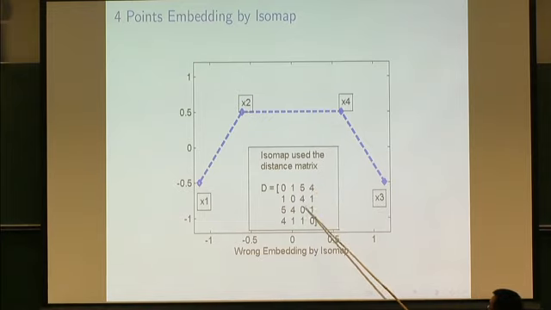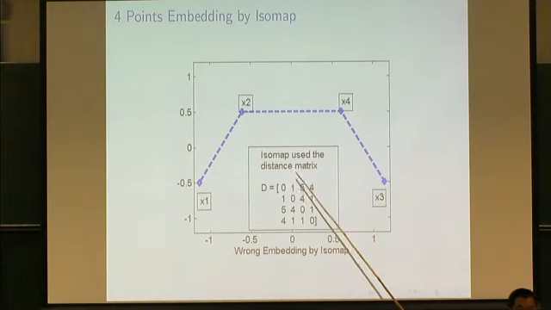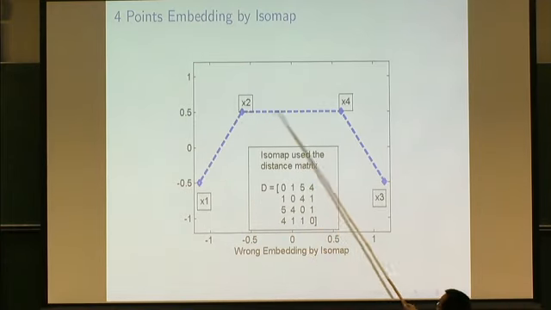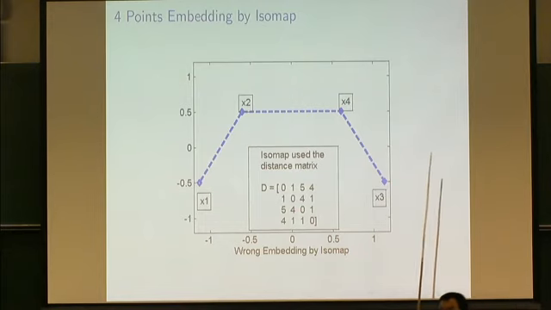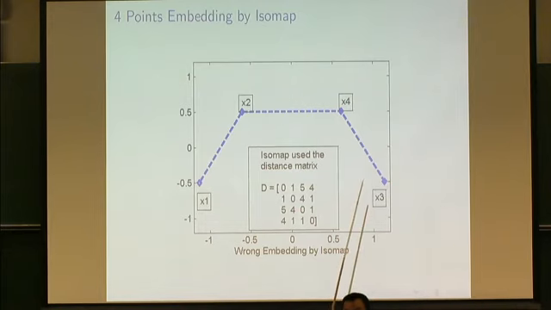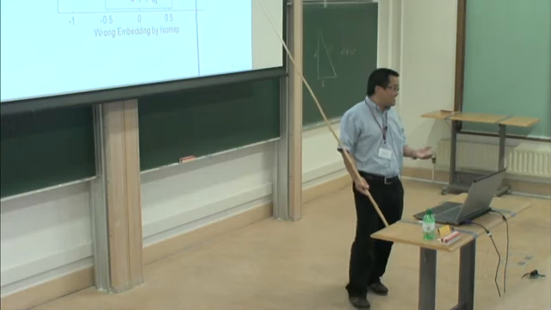Then you use the spectral decomposition and recover those points. You can see this is not a right triangle anymore. That means sometimes you may have trouble when you don't use accurate distances.